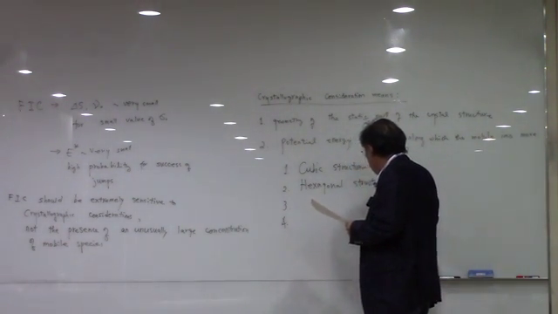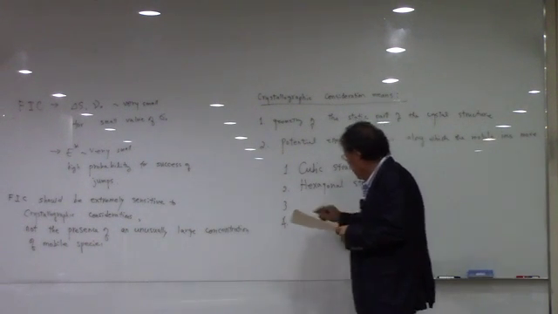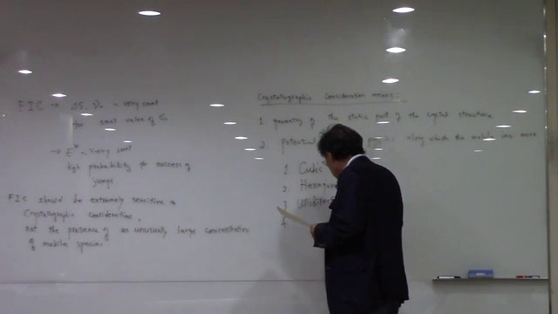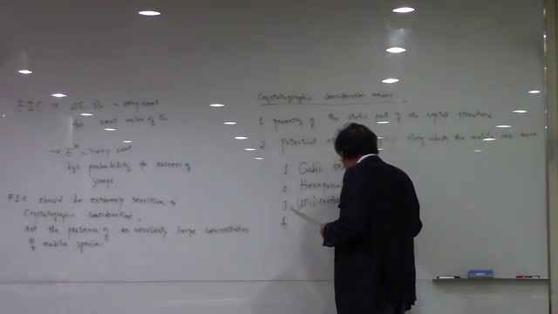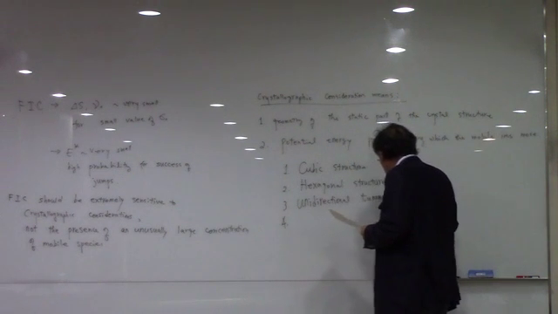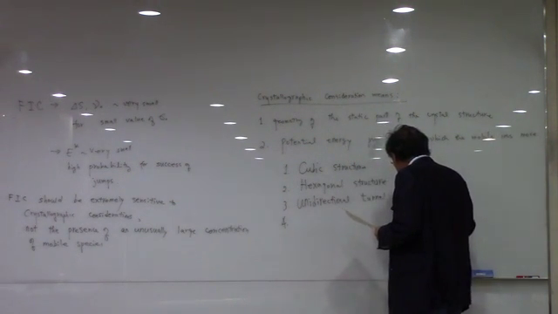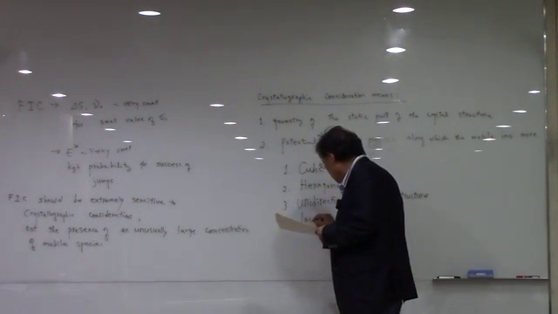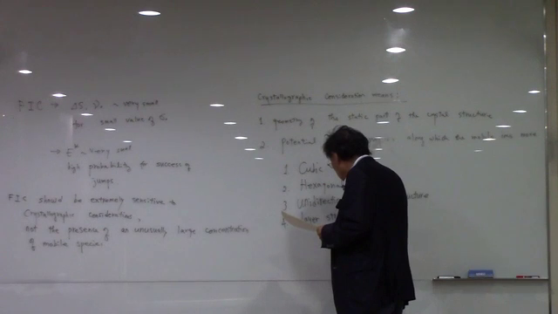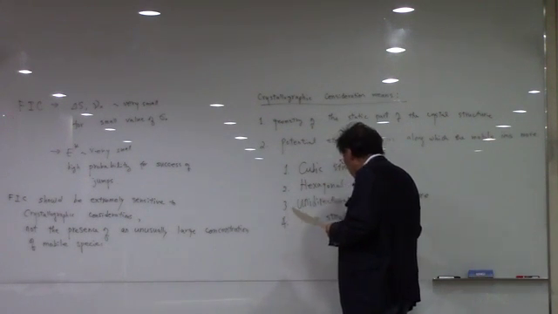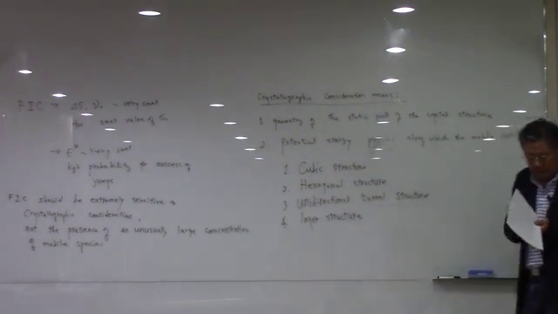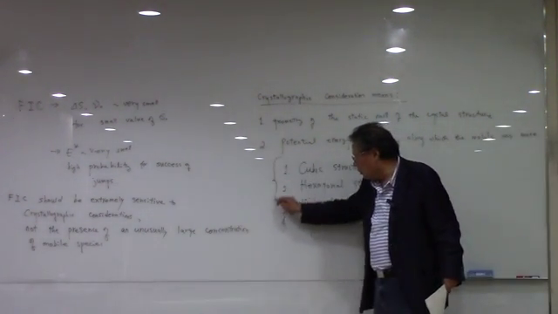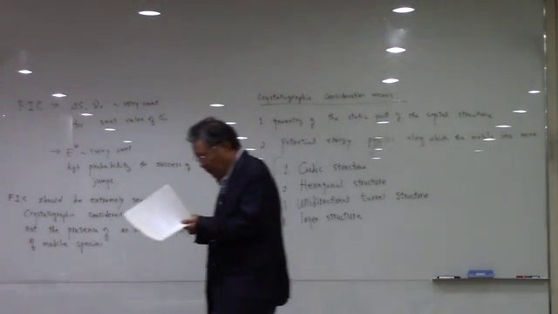It has very open space and a unidirectional tunnel structure. And layer structures, like beta alumina, okay.